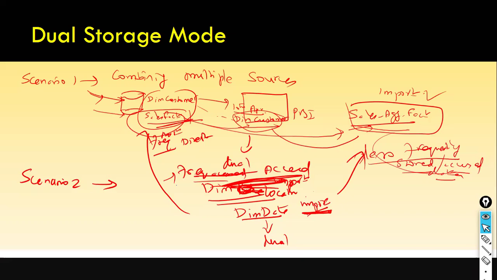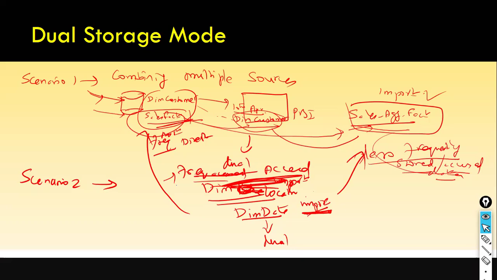Okay, so to summarize, what is dual storage mode? Dual storage mode is nothing but storing data in both import as well as direct query mode simultaneously, like date dimension and customer dimension tables.